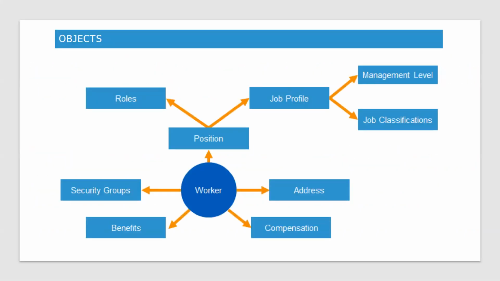Here is a picture of what a business object looks like. Worker is your business object, and worker is directly linked to position. So you can extract position from the worker business object. If you look for position on a worker field, it will give you the position the worker is in at a particular point in time.